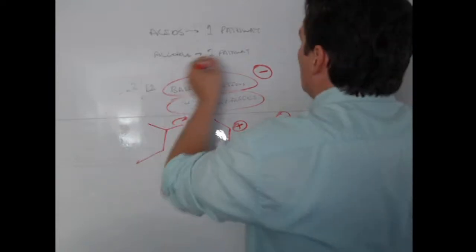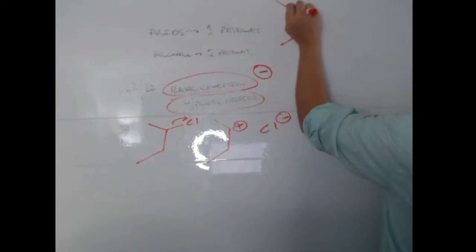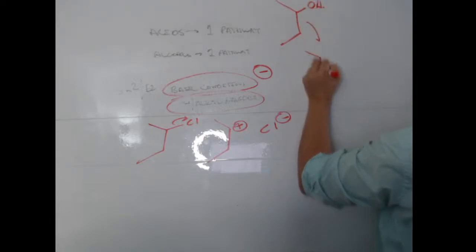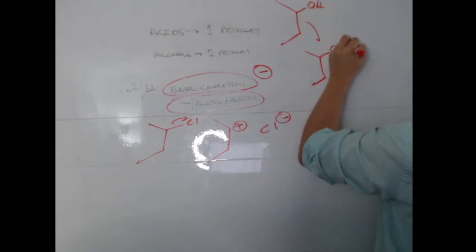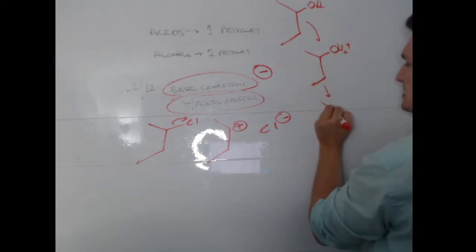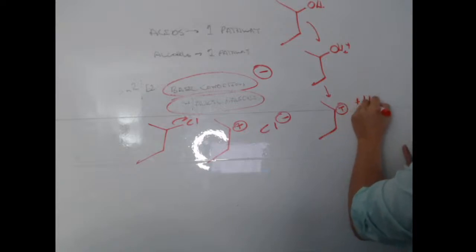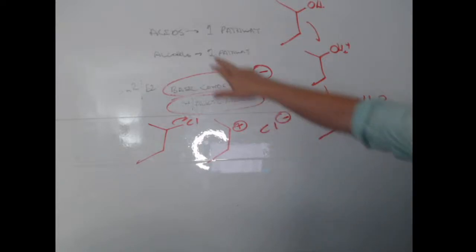But if you look at an alcohol, typically what happens with alcohols is we get protonation of the alcohol first. And then that's going to break off and give you a carbocation with a neutral water molecule. So this is why your alcohols prefer the unimolecular pathways.